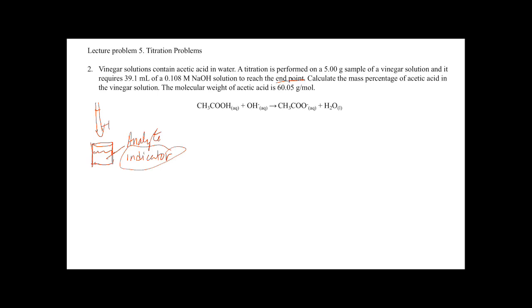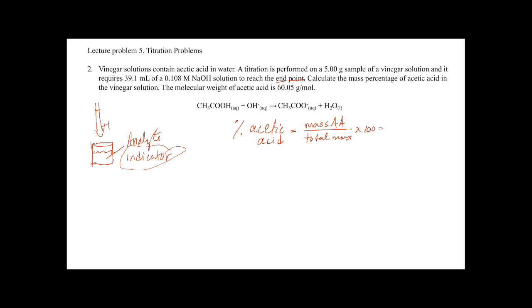To give you a feel, what we're doing here is we need to get the mass percent of acetic acid in the vinegar. So we need to get the mass of acetic acid. I'm just going to summarize that as AA over the total mass times 100. So that's how you do a mass percent.